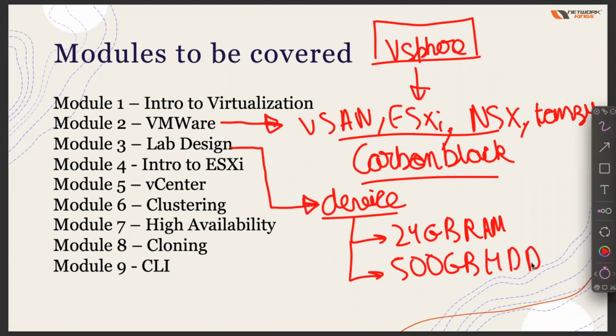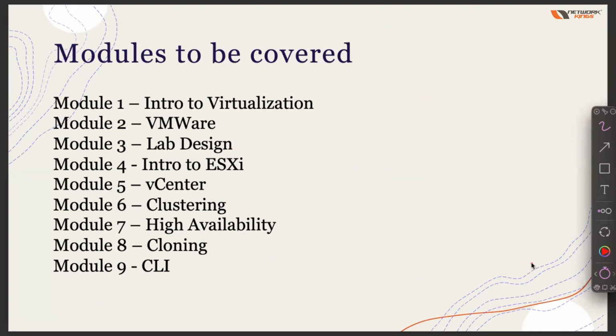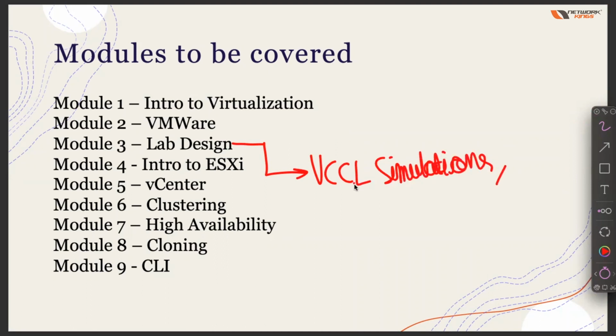And I know most of you might not have such device requirements. So you can also use the VCCL simulations, or you can rely on a free lab by VMware, which is HOL, Hands-on Labs by VMware.